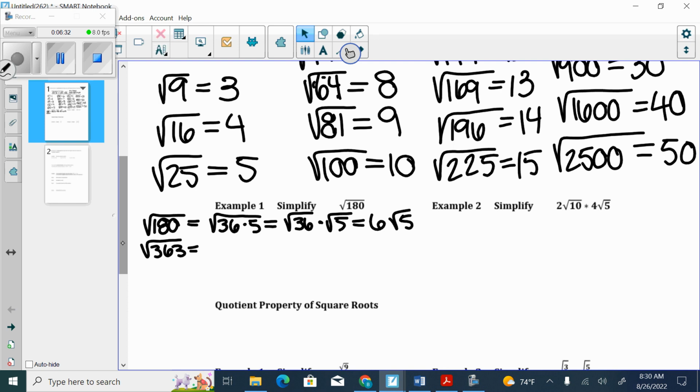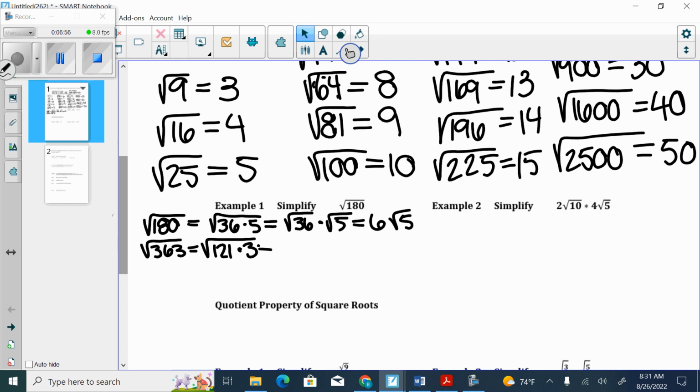Well, 11 and 33 do multiply to give me it, but neither one of those numbers has a square root, right? What'd you say? 121 and 3. There we go. 121 is the number I'm looking for. Its square root is 11, which I think is what he was going for there. So 121 times 3.